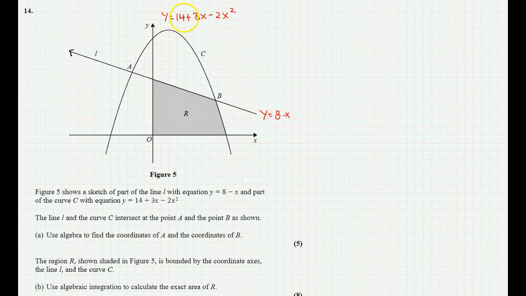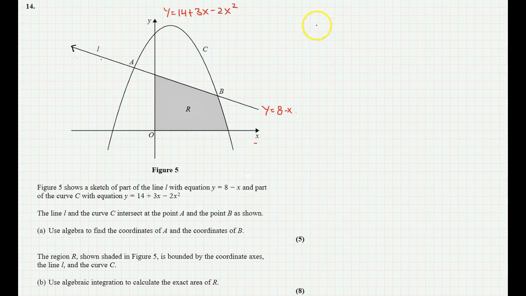The curve is y equals 14 plus 3x minus 2x squared, and the line is y equals 8 minus x. They intersect at A and B, so the coordinates must be the same. The equation of the line and the equation of the curve must be equal, because the y values are equal.